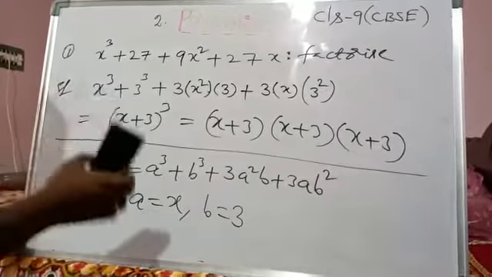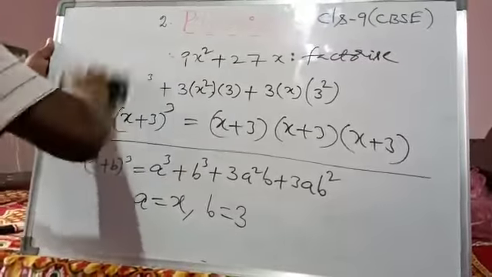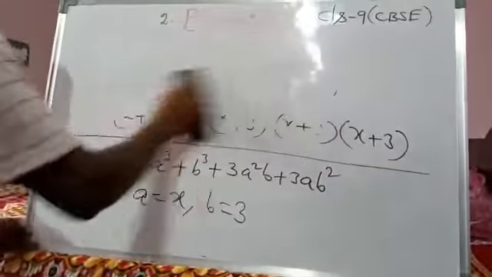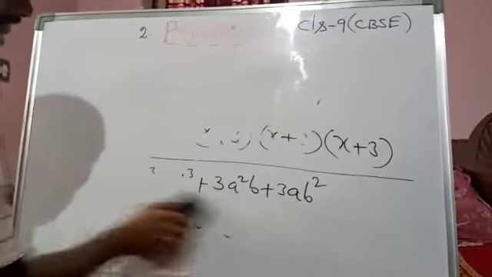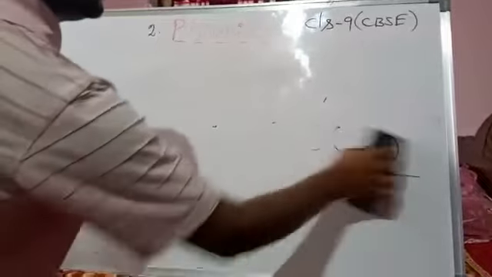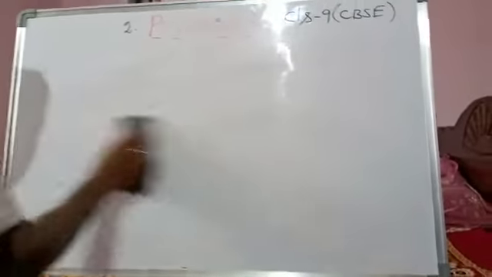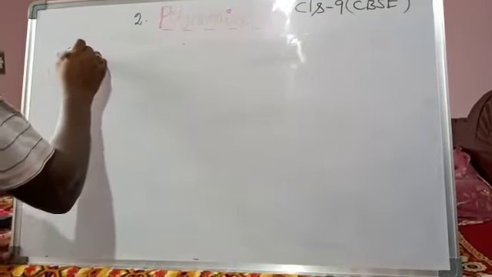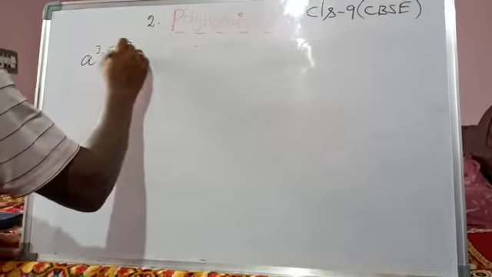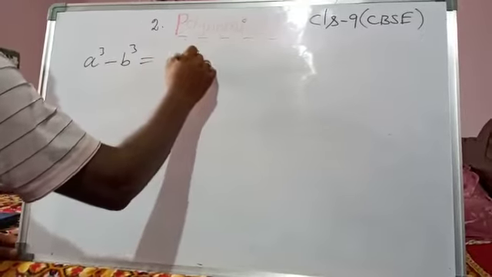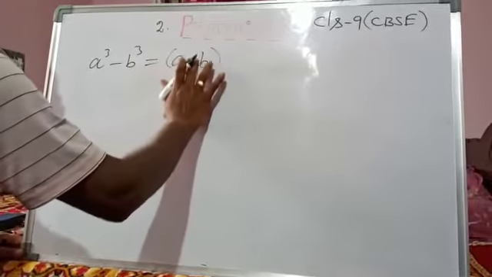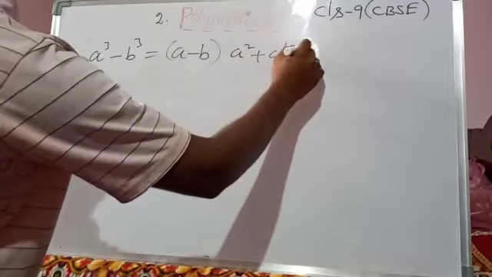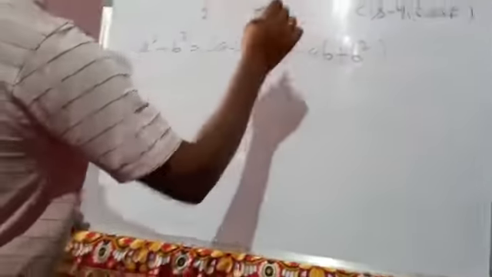Now I am going to explain one very important question, students, by following some identities which I have given already, that is a cube minus b cube. a cube minus b cube is equal to what, students? (a minus b) into (a square plus ab plus b square), students.